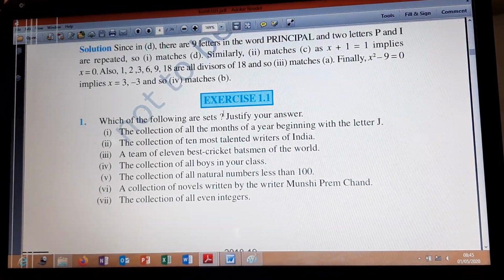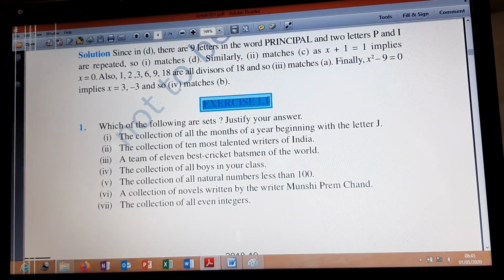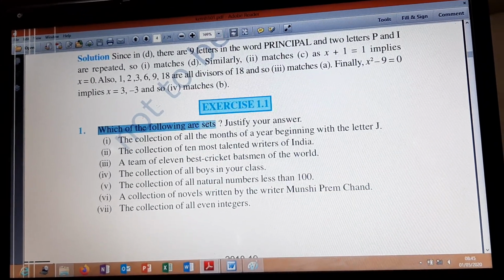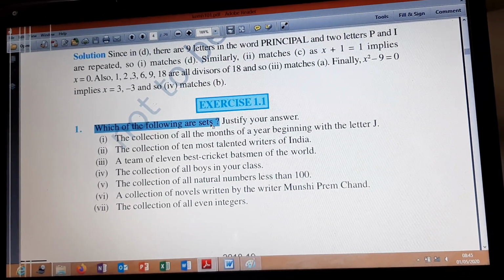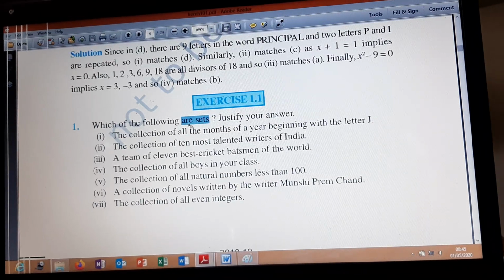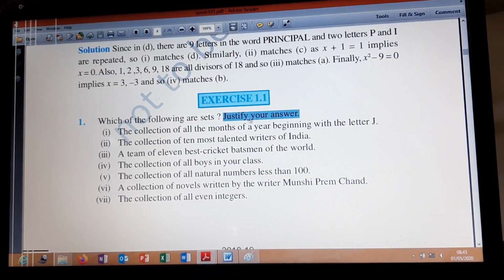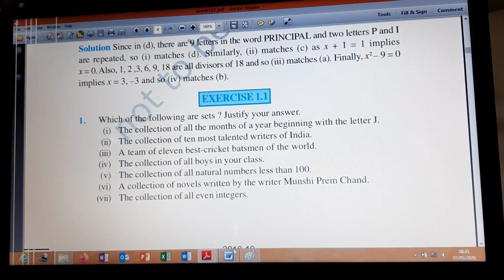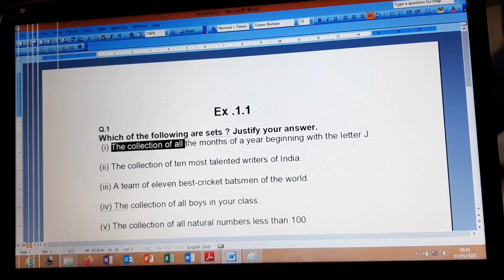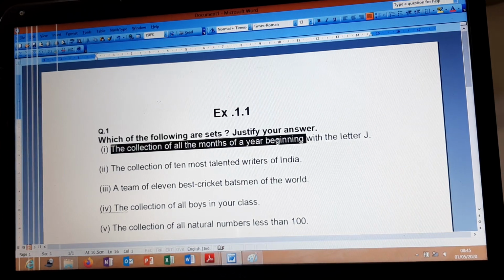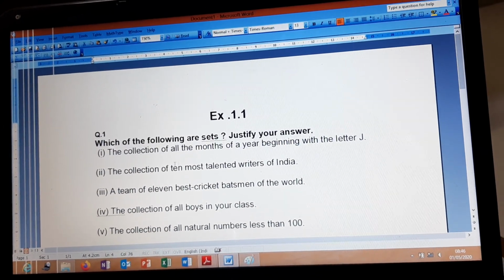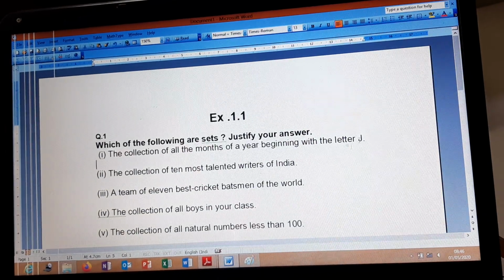Okay, now let's see. It's time to see the first simple exercise 1.1. So what is the question here? Which of the following are sets? So you recall set means what? It should be a well-defined collection, and justify your answer. So here the first question is the collection of all months of a year beginning with letter J. So this you can list out very easily.